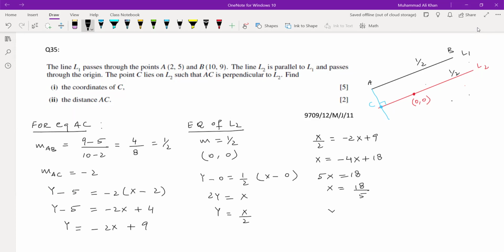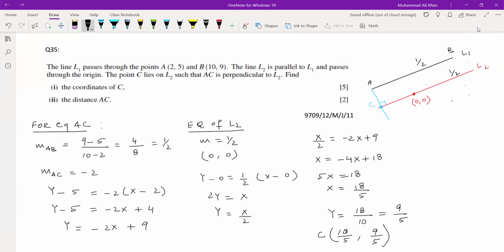Therefore, the value of y is 18 divided by 10, which by cancellation is 9 divided by 5. So the coordinates are 18 divided by 5 and 9 divided by 5. These are the coordinates of C. Are you clear? Any confusion?